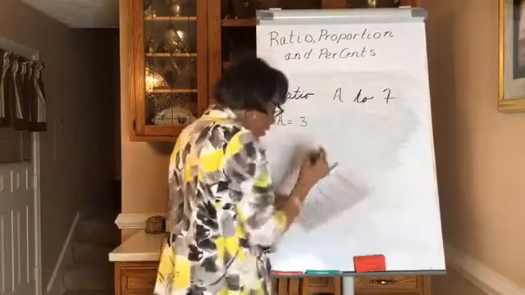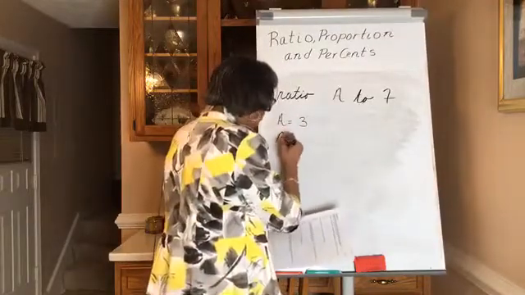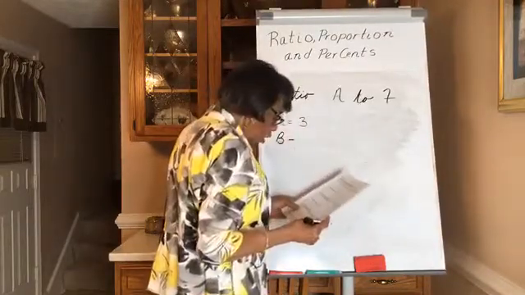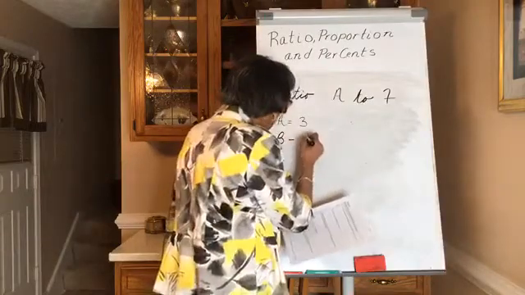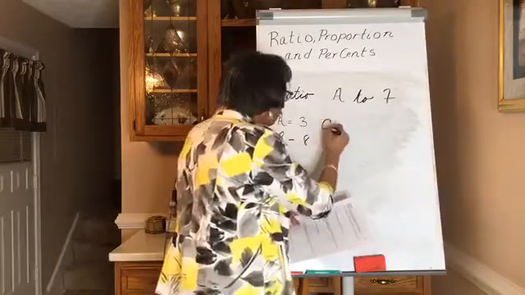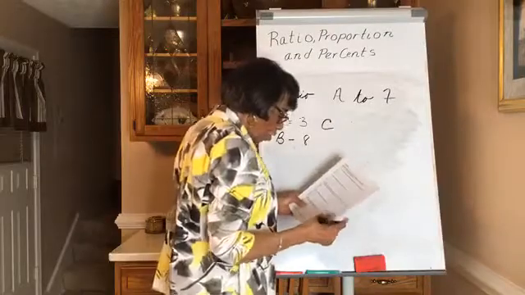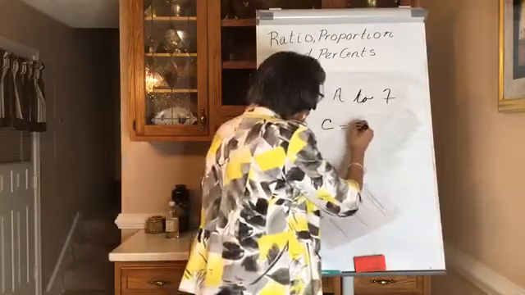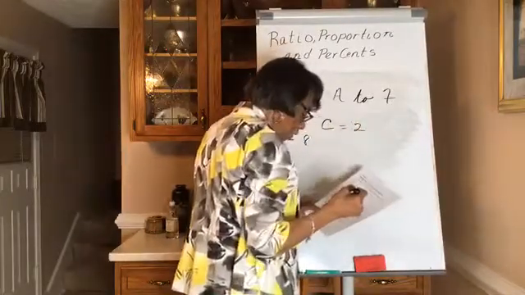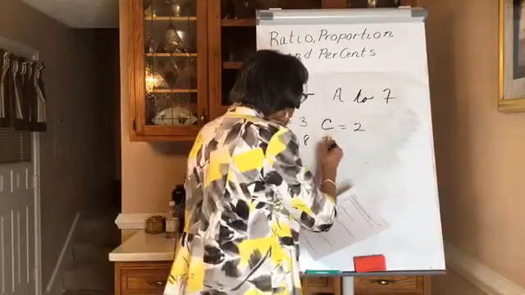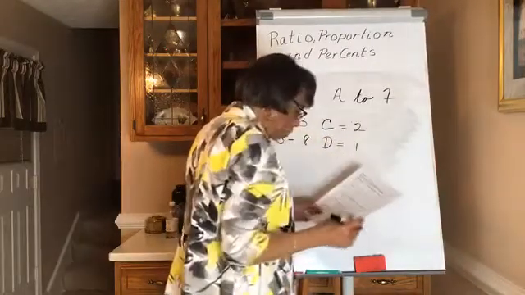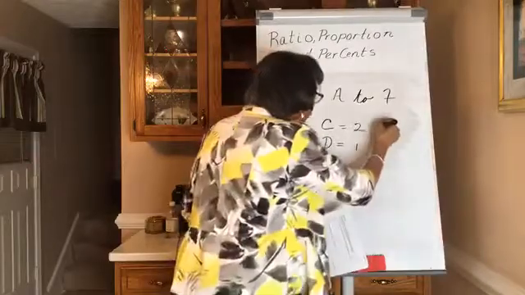A is equal to 3. The B students were 8. The C students are 2. The D students 1, and the F students 2.